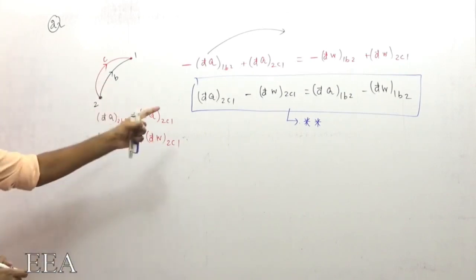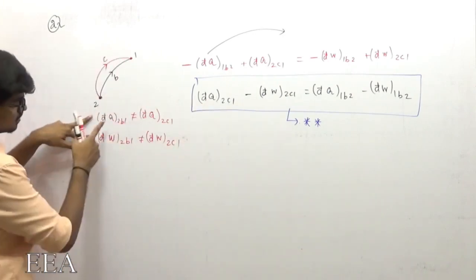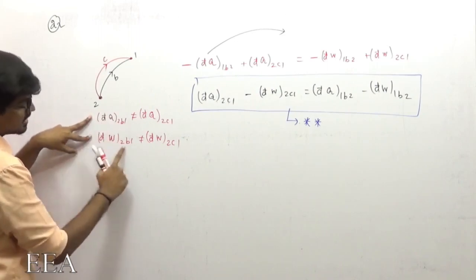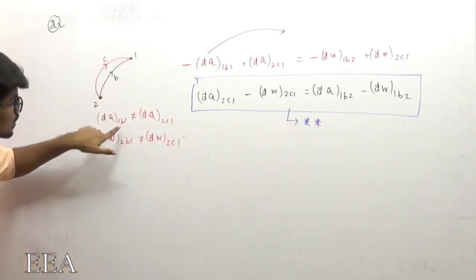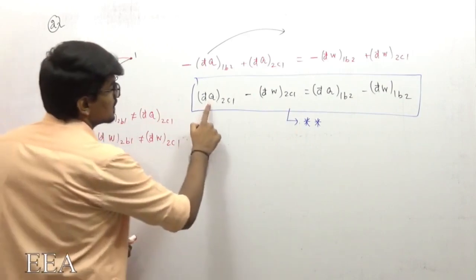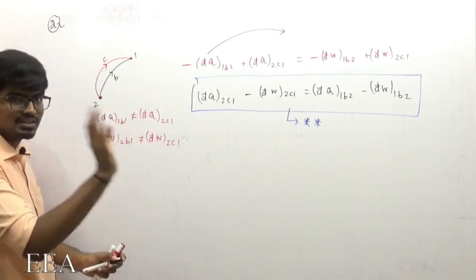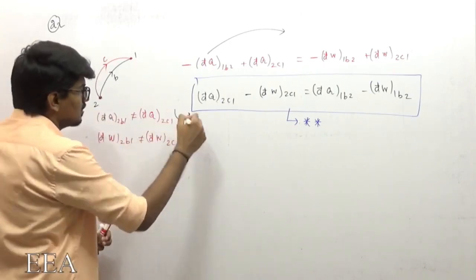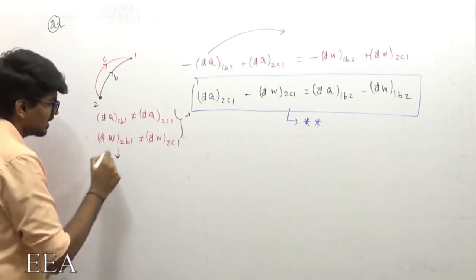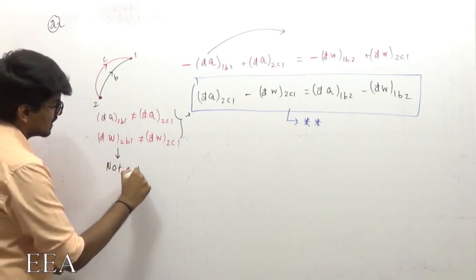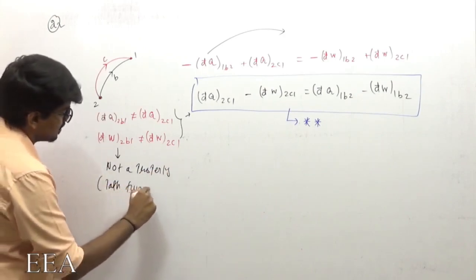But from this particular equation, you can see the difference between d dash q 2b1 minus d dash w 2b1, which is the left hand side, the difference of heat transfer and work transfer through path B, and similarly the difference of d dash q and d dash w through path C. Those differences are the same, so you can relate it, even though individually heat transfer and work transfer are not the same. Why? Because they are not properties, they are path functions. They will vary based on path.